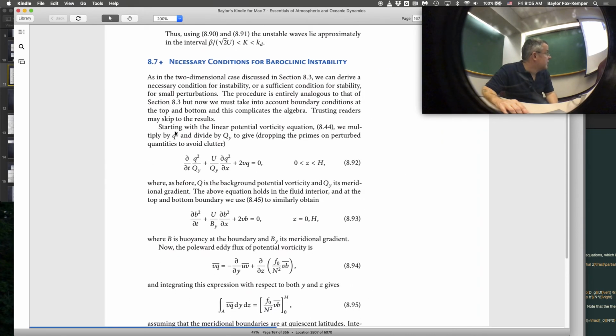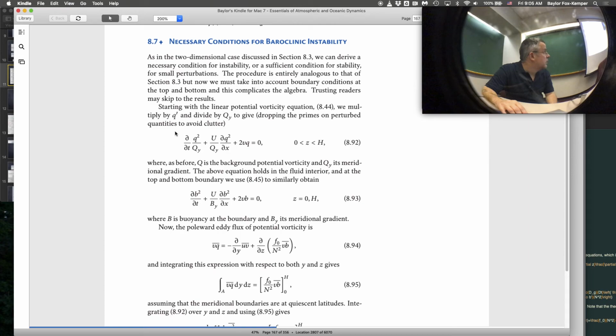Can everybody see? Right. So you have 2 layers. When you make the equivalent of this equation, you have an upper layer PV and a lower layer PV, and then you have to go through and make 2 versions of this essentially. Instead of having the buoyancy equation and this, you have 2 PV equations. Does that make sense to everybody?